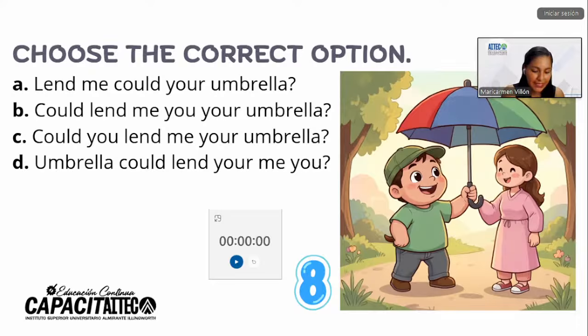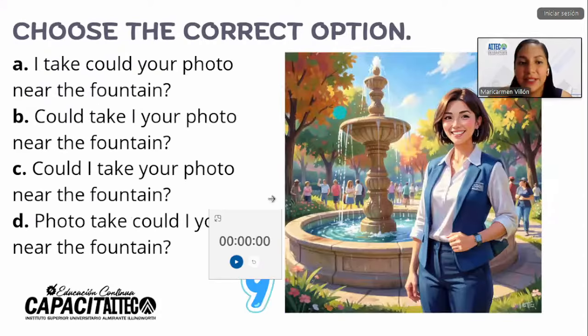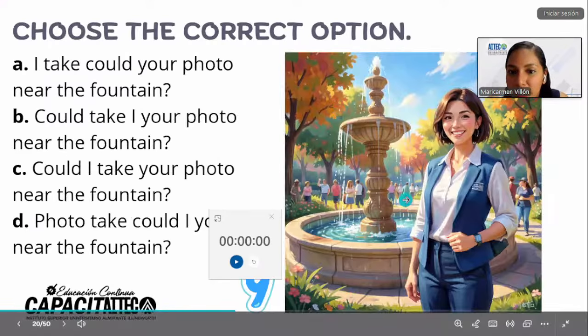Letter C? Okay, perfect. Could you lend me your umbrella? Excellent. Letter C. Look at this one.